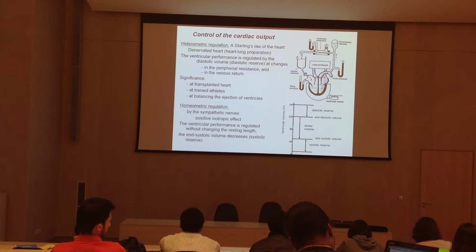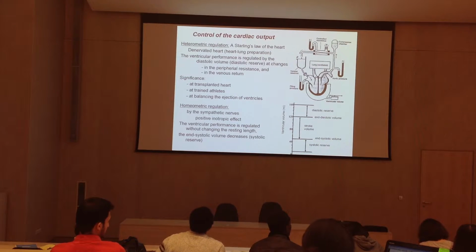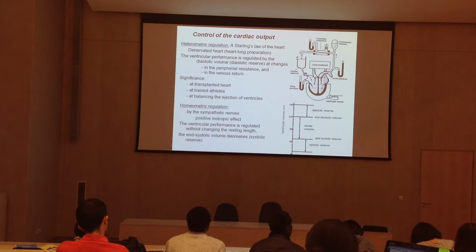Now, of course, the change is not so dramatic. Maybe 10 milliliters remain in the ventricle, at the next occasion 20, 30, 40, and finally the end-diastolic volume will be gradually larger and larger, and finally the ejected volume will be larger and larger. Therefore, after 5 or 10 systolic diastolic cycles, the ejected volume will be the same as the venous return from the periphery.